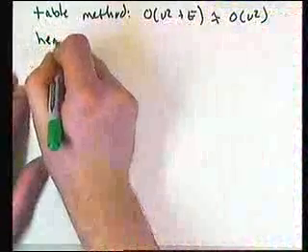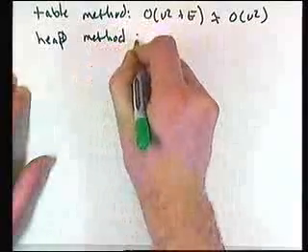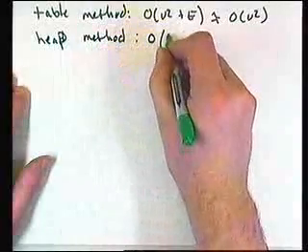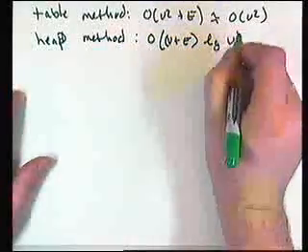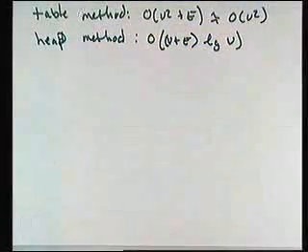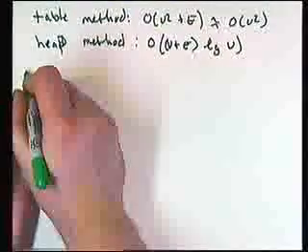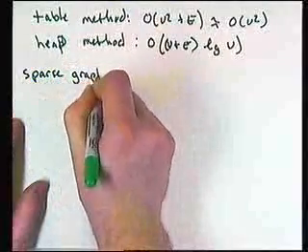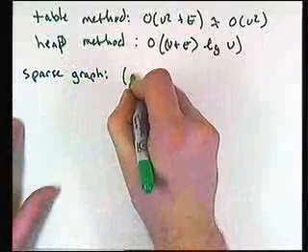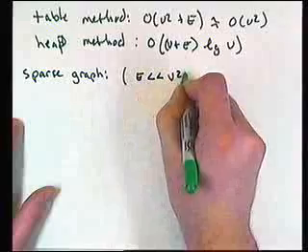And the heap method is order v plus E quantity times log v. So we have two different possibilities here. And one thing you might note is, let's consider first the sparse graph, in other words, where the number of edges is much less than v squared.